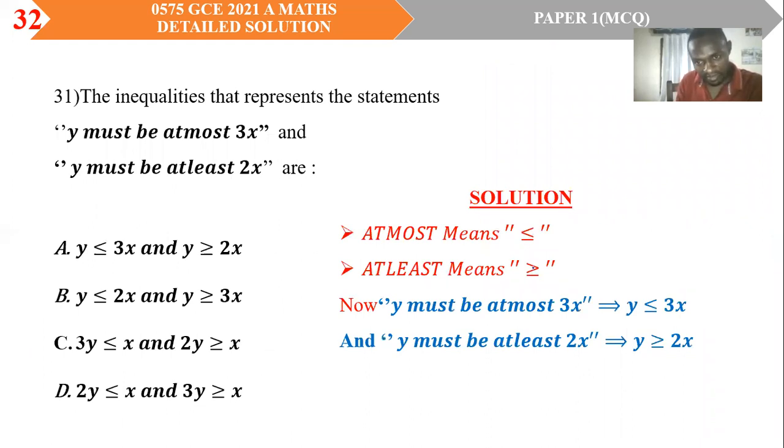At least means greater than or equal to. Y must be at most 3x means y should be less than or equal to 3x. Y must be at least 2x means y should be greater than or equal to 2x. So our answer is A.